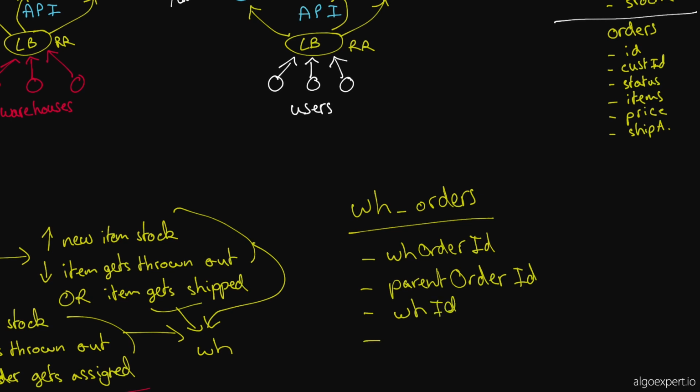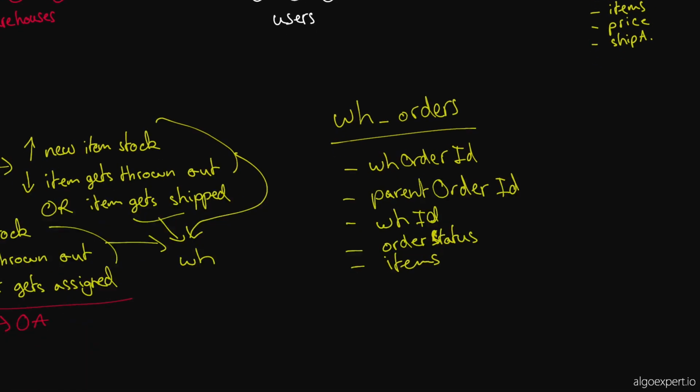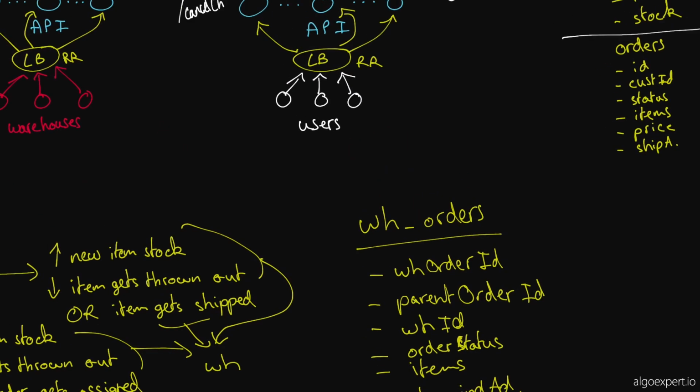We would probably have an order status again, but this would be the warehouse order status, right? Has it been shipped or fulfilled by the warehouse yet? We would have items, and their items is like a list of item IDs and their quantities and all that. We would have a shipping address, because the warehouses need to know where they're shipping their things to.